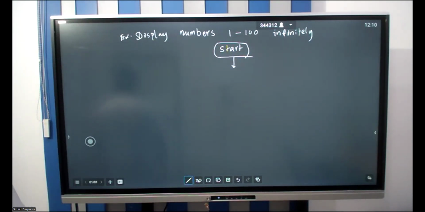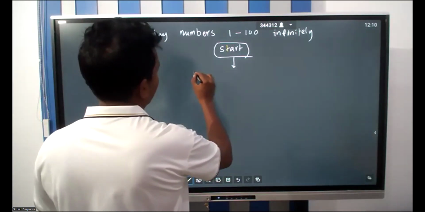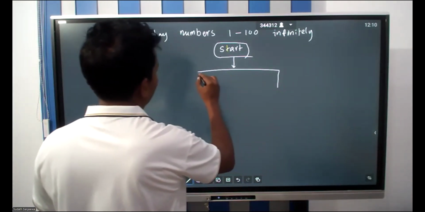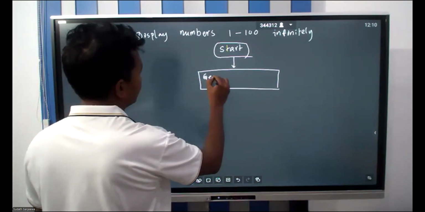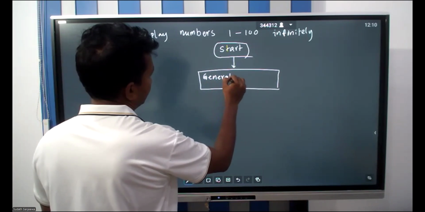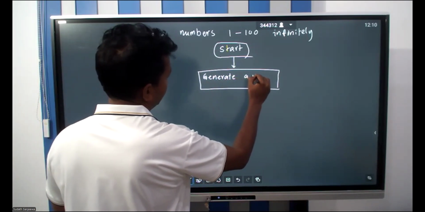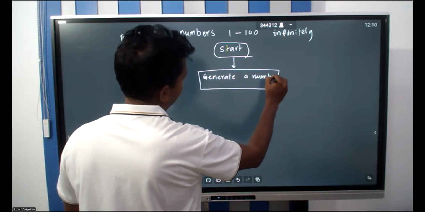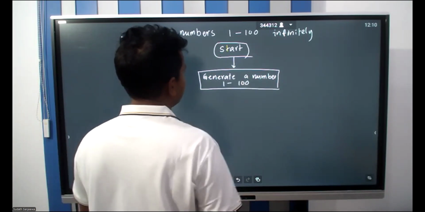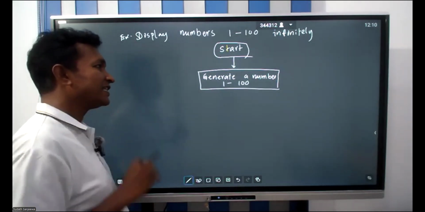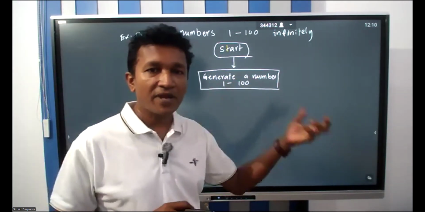Then generate a number from 1 to 100. That means this will generate random numbers.